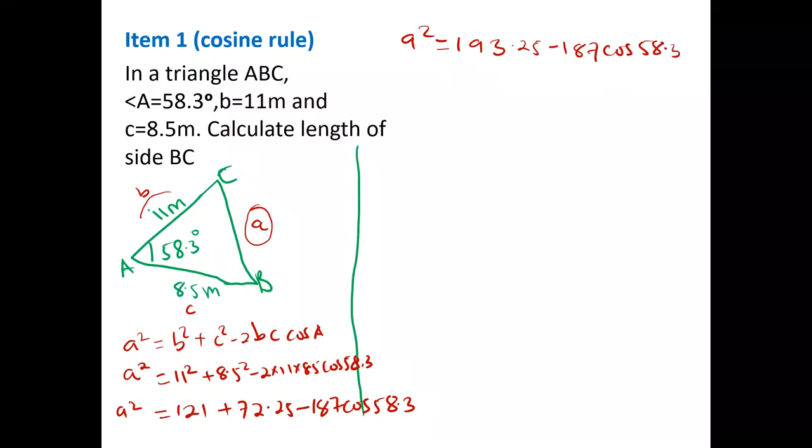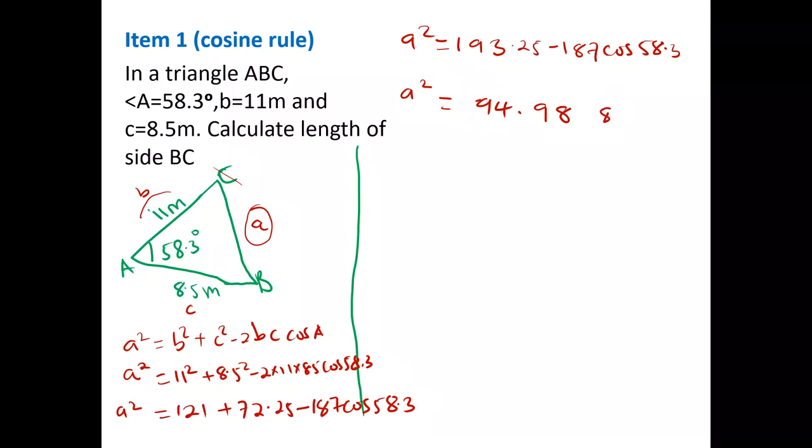So when I press the calculator once, here we shall have the answer as A squared is equal to 94.98686.